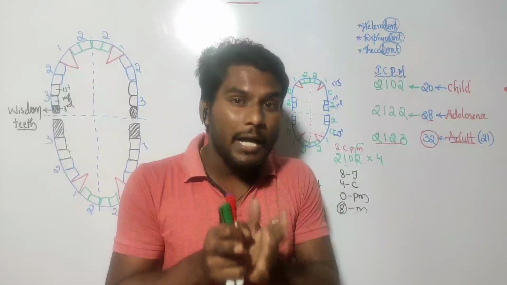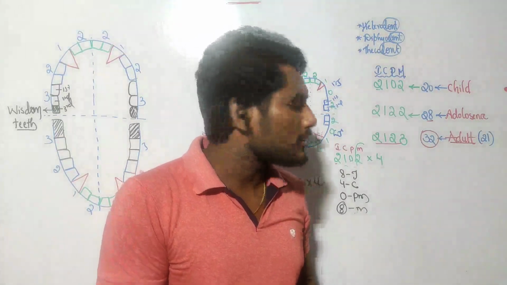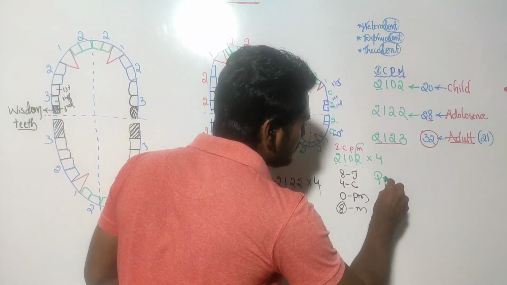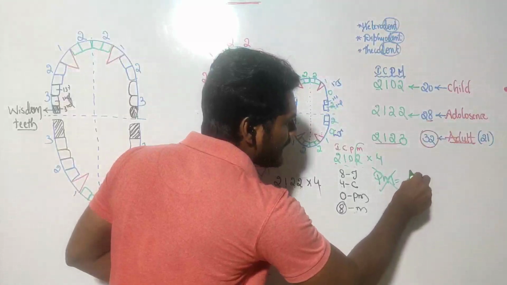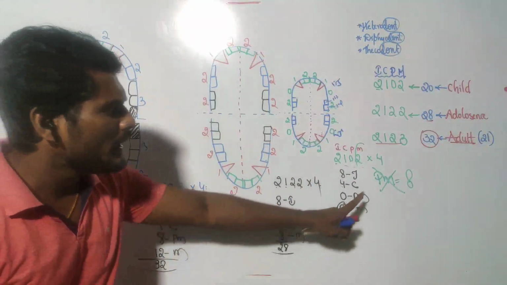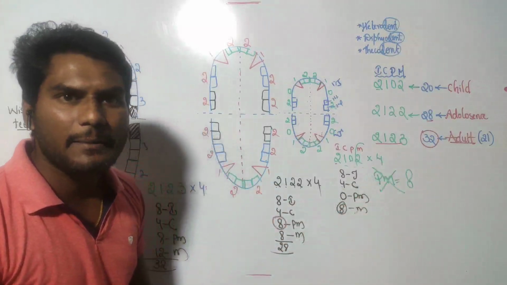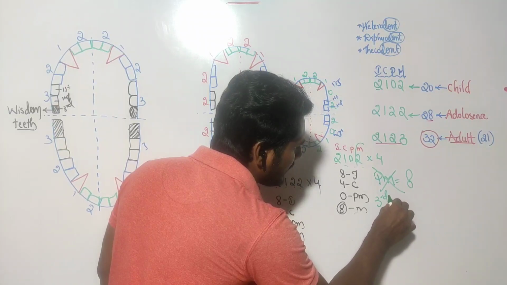Premolars are present in adolescence and adult, but they are absent in child. Generally, how many premolars? 8. So those 8 teeth are absent in child. Next, in child, the third molar is absent.